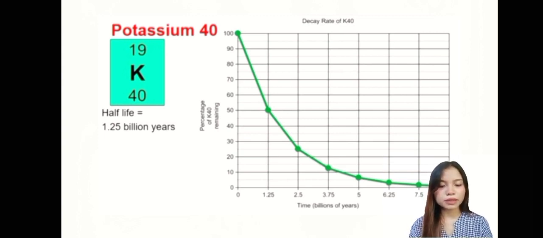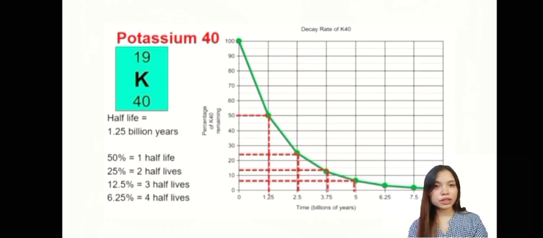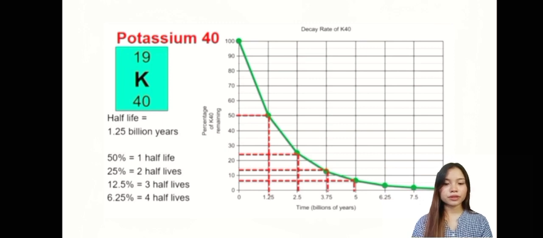Then, here is its decay rate to make it easier to identify how many years old something containing potassium-40 is. If only 25% of the potassium-40 is left in an object, which is 2 half-lives, then it has stayed 2.5 billion years in the Earth. What if it is 4 half-lives, which means only 6.25% is left, very little, which means it is 5 billion years on Earth.